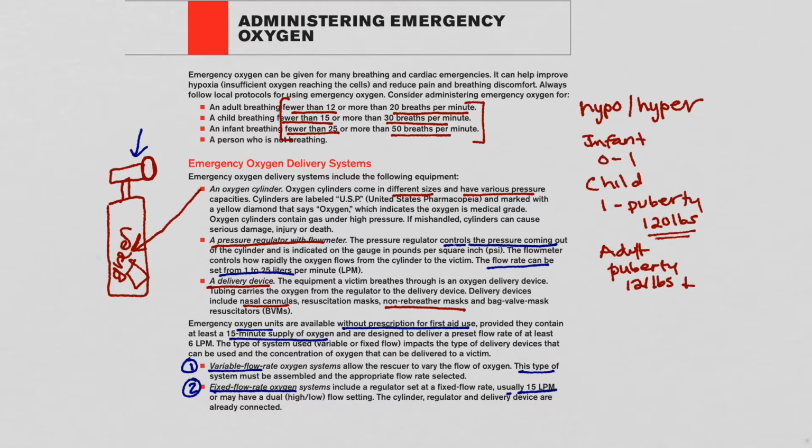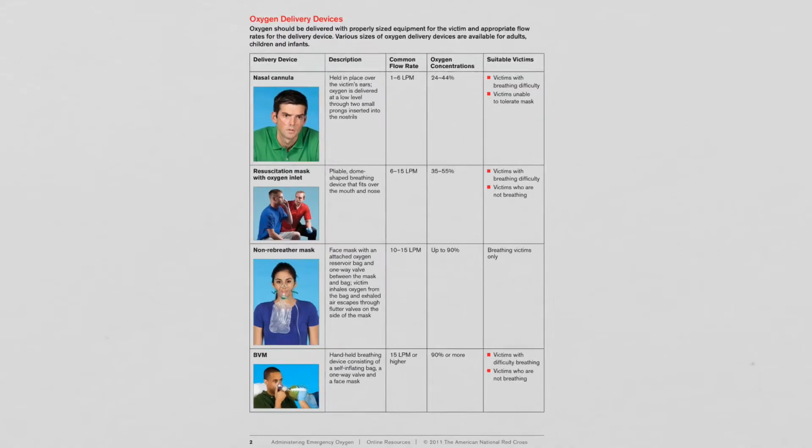The positive is you don't have to assemble it. The negative is that you only get one flow rate. So we'll learn in the next few slides that your flow rates dictate which type of delivery device can actually be used. So here are the most common delivery devices associated with oxygen administration.